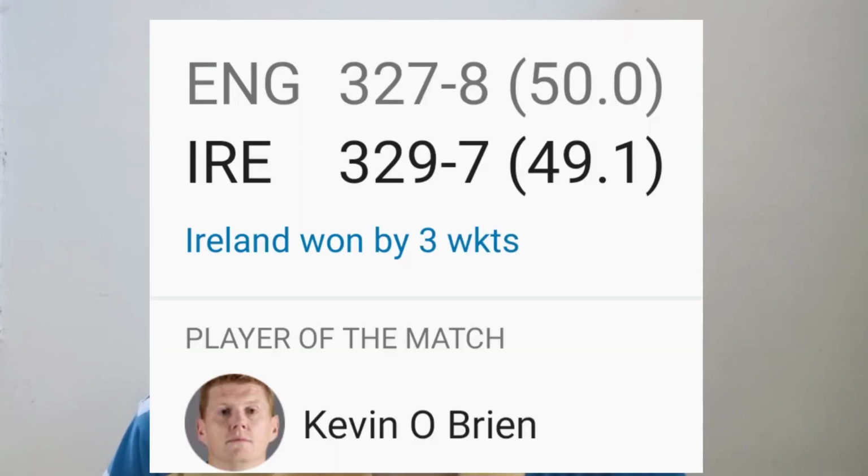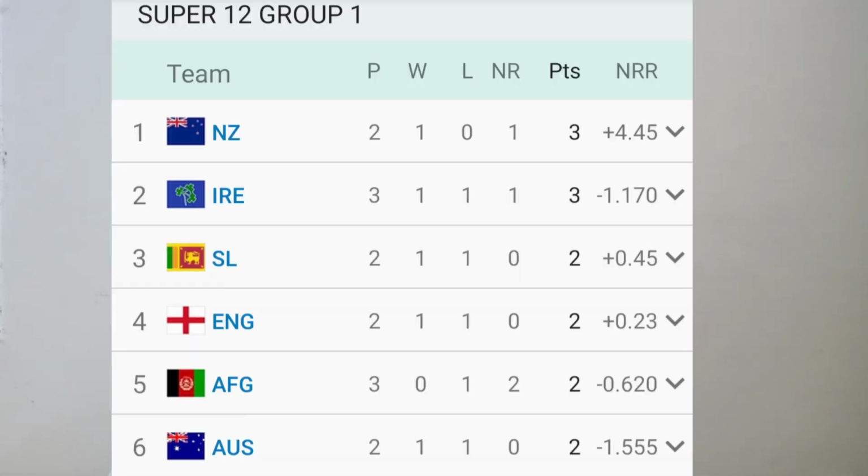If you remember the 2011 World Cup, the 50 over format which happened in India, Ireland defeated England in a big chase, about 330 runs. That's where Kevin O'Brien scored a brilliant century. So Ireland defeated England again, which is a bit of an upset for England.